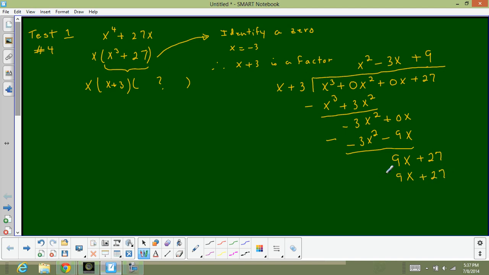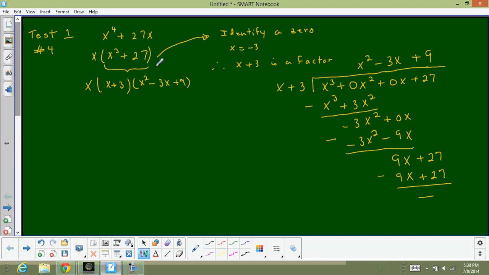So when we do our subtraction, there is no remainder. And so we've determined that this missing factor is no longer a question. We now know that this missing factor is x squared minus 3x plus 9.